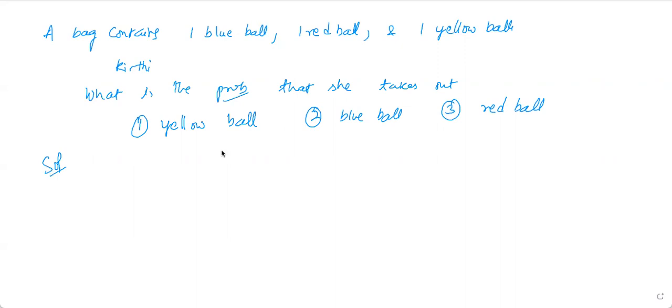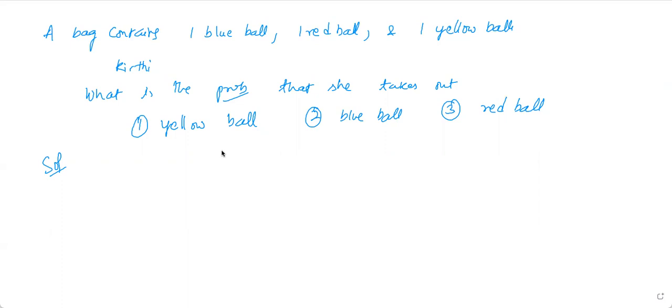The experiment is to take out a ball from the bag without looking into it. So we need to find the probability of three different events. Let us label each event with the initial of the colored ball.